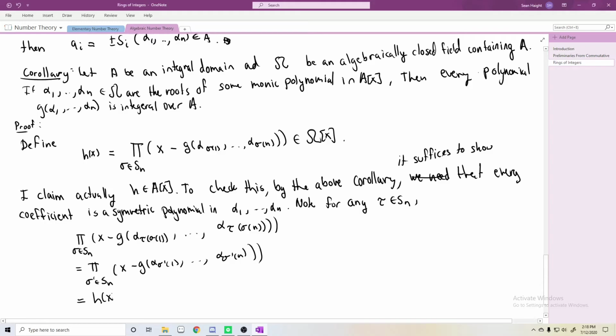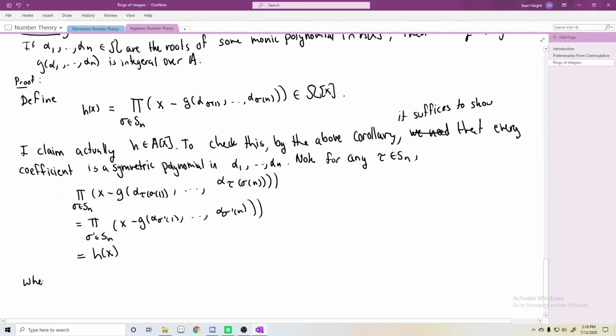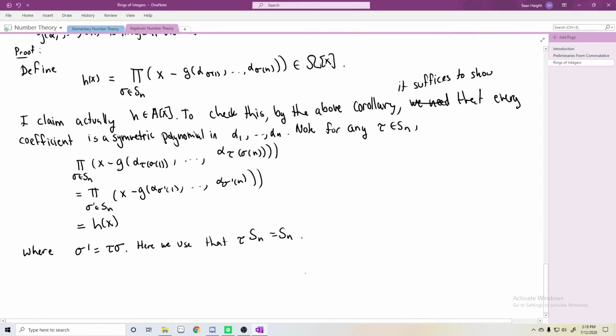Which is just h of x, where sigma prime equals tau sigma. And essentially lurking in the background is that here we use that left multiplication by tau on this symmetric group actually just gives me the whole symmetric group back.